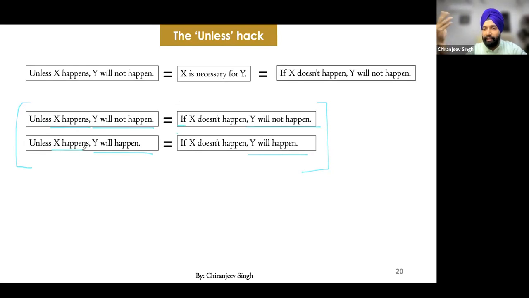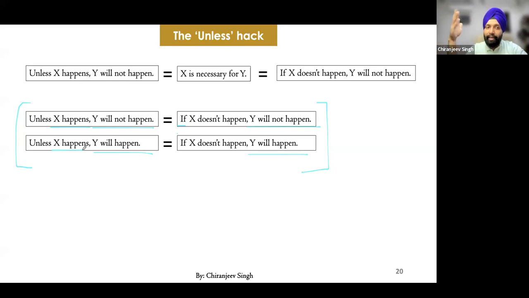A lot of times I see people struggle with these kinds of statements. I myself have struggled with such statements. Unless this happens, in a complex context, it becomes difficult to wrap my head around it. So this is a hack that I came across as I was trying to understand. I realized that this always works.